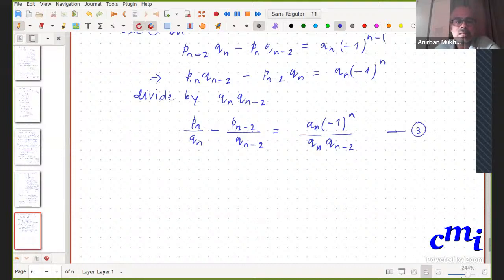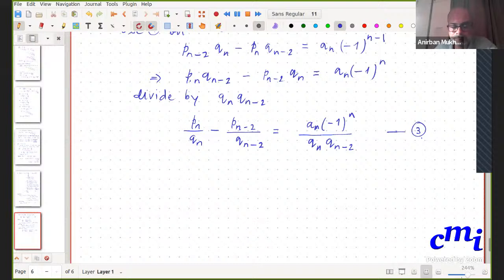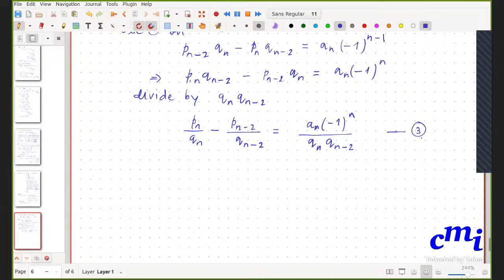So I'll just continue with this. On Tuesday we would set up all this theory required to do a little more. If you have any questions for today, you can ask.